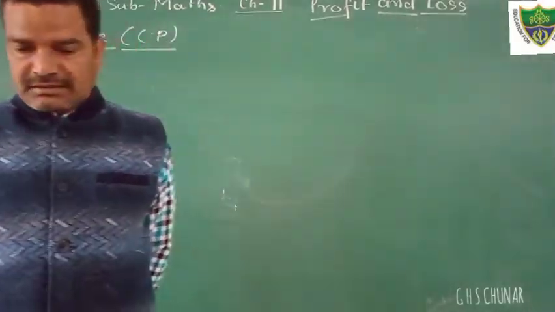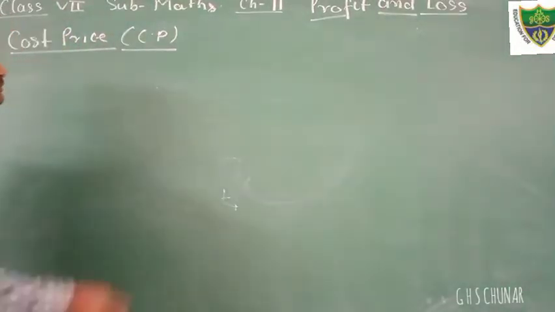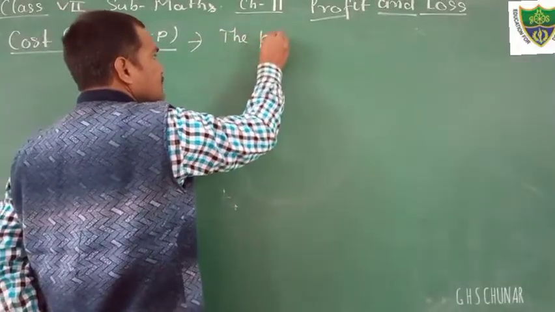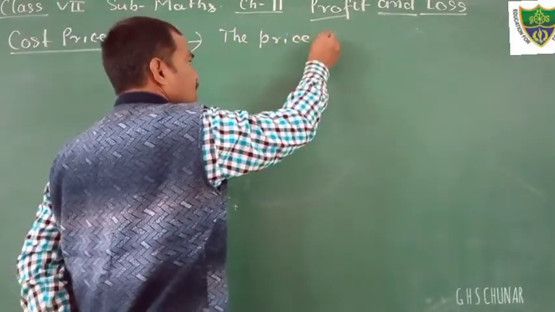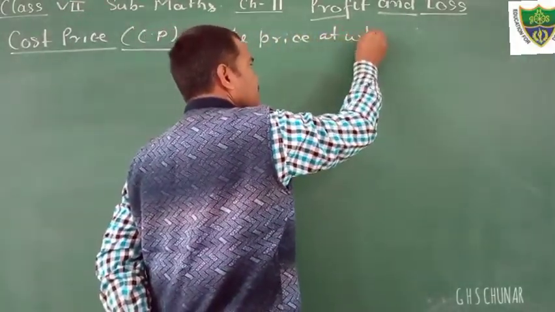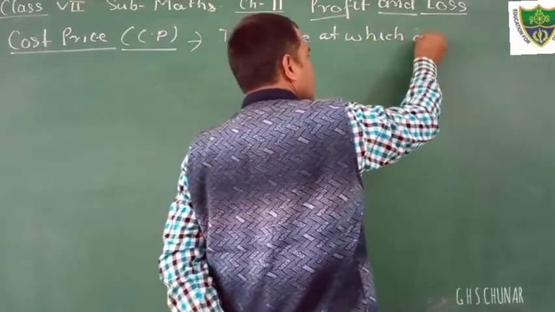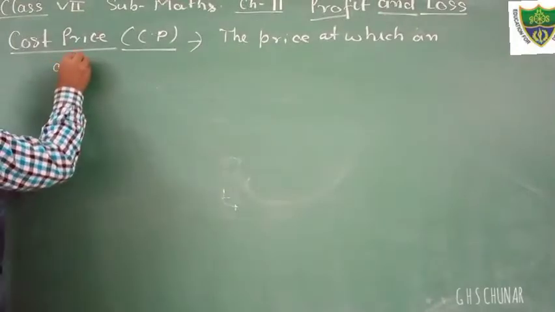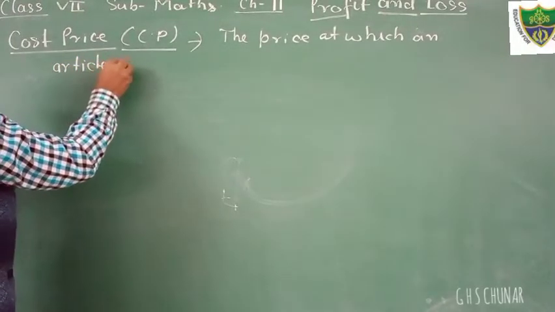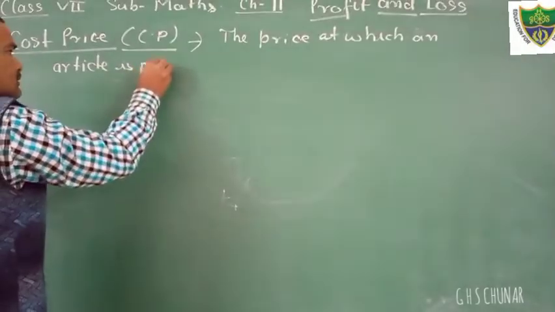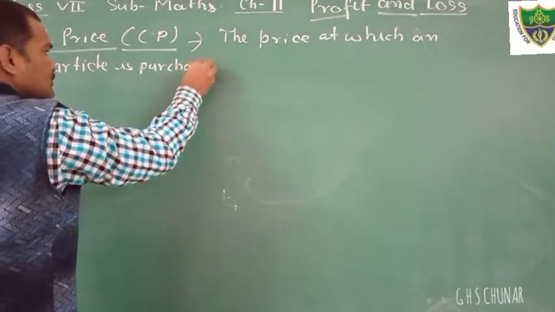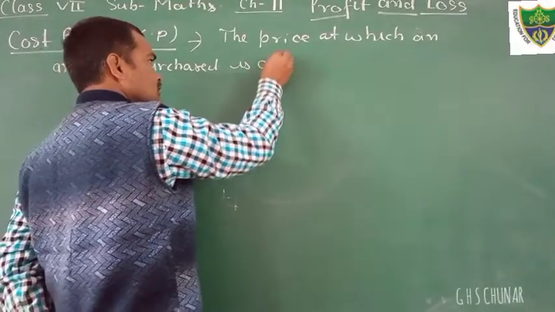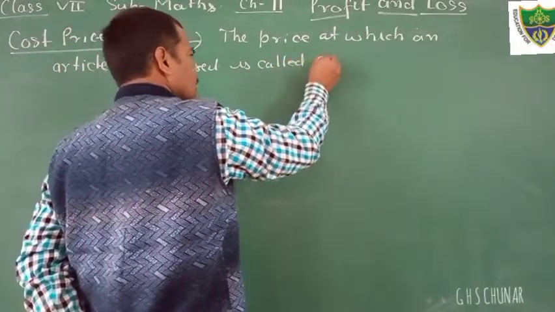The price at which an article is purchased is called the cost price.